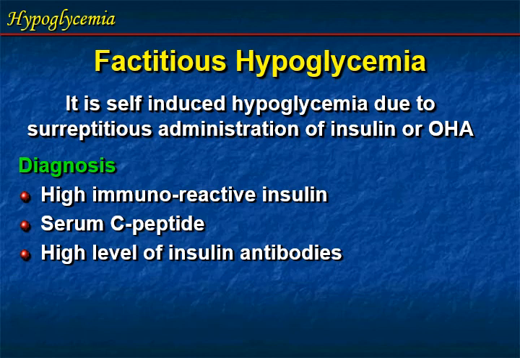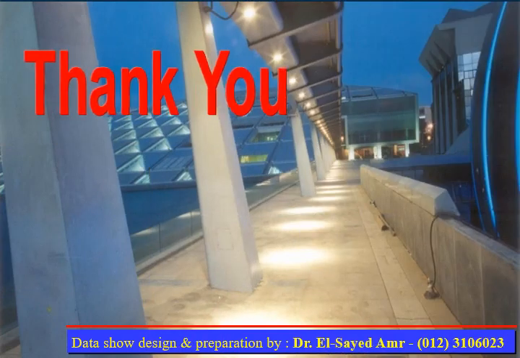This is a self-administration either of insulin or oral hypoglycemic agents. We diagnose them by high immunoreactive insulin, but the main important one is measuring serum C-peptide and high level of insulin antibodies. And thank you very much.